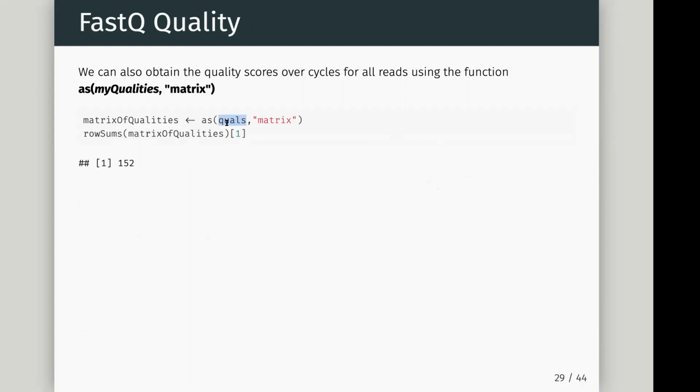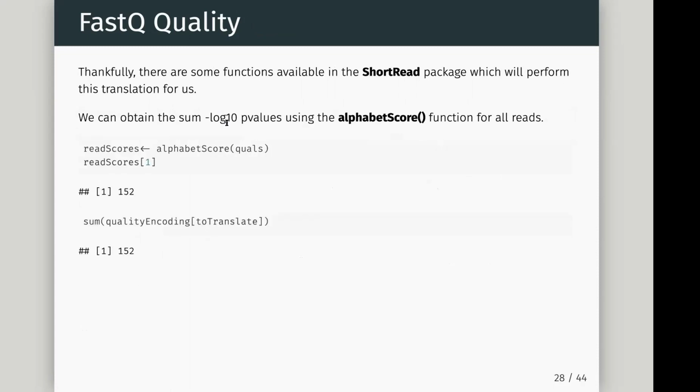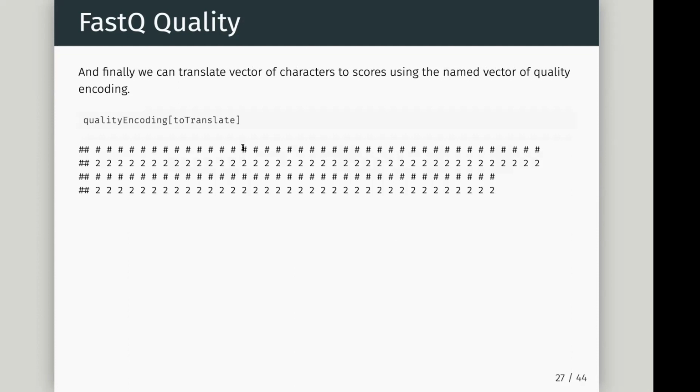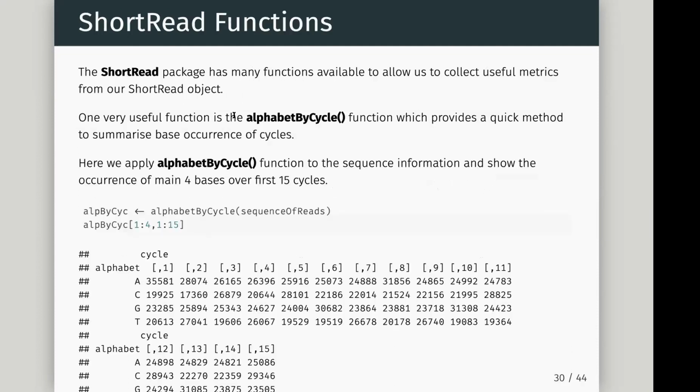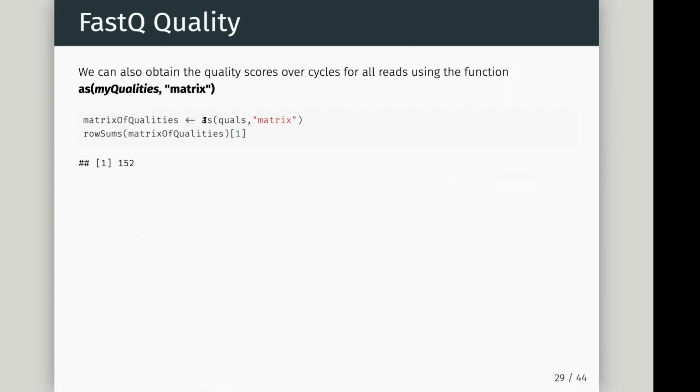So actually to get our qualities, this FastQ quality object, into something we can really work with, we have to give it the quals and we tell it we want it to be a matrix. And then it will just give us a matrix of samples, reads, and then quality. So it's going to be a massive matrix.